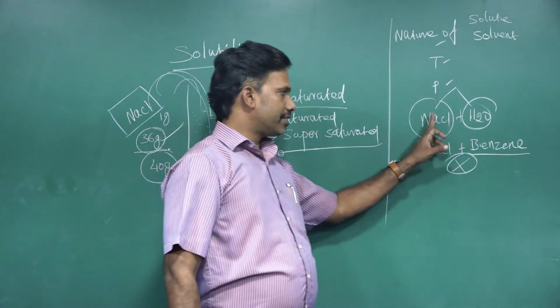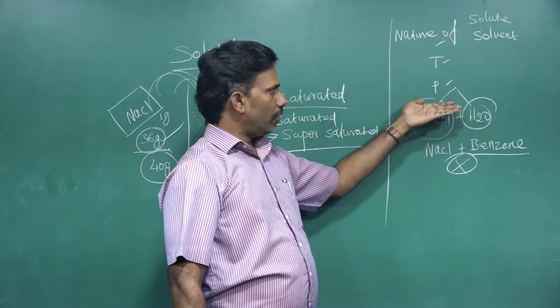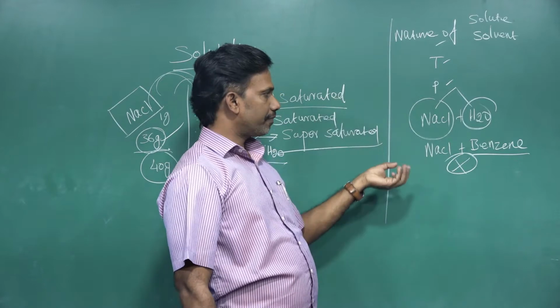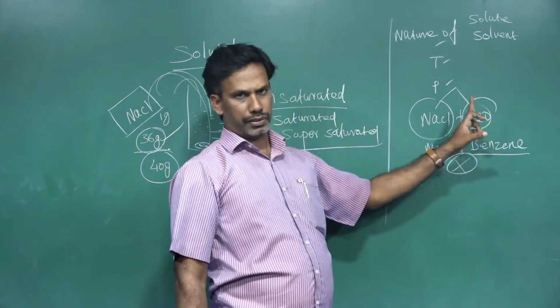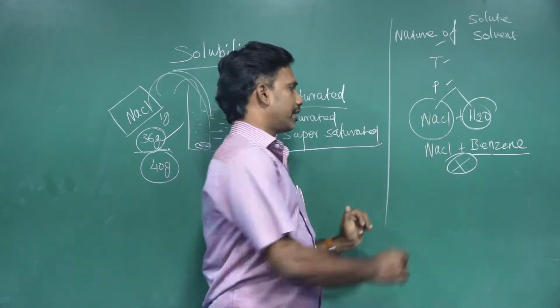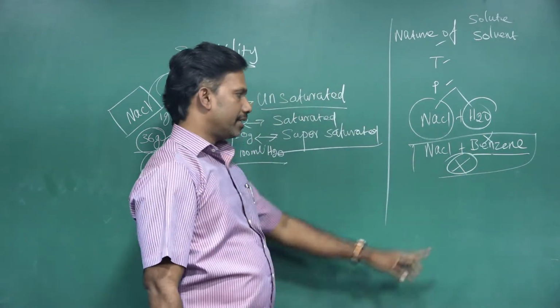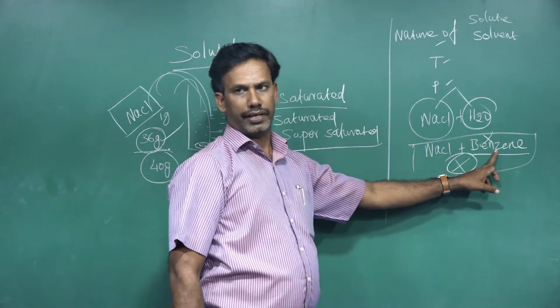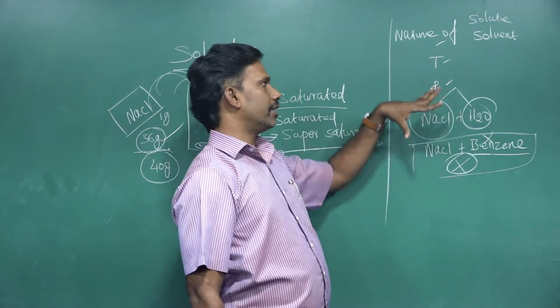NaCl will only dissolve in a polar solvent like water. So the nature of the solvent decides that. A polar solvent means polar solute, and a non-polar solvent means non-polar solute. NaCl cannot dissolve in benzene because it is a non-polar solvent. A polar solute can dissolve in a polar solvent.